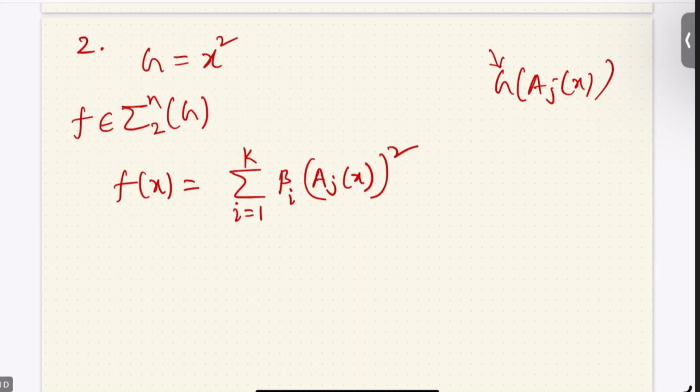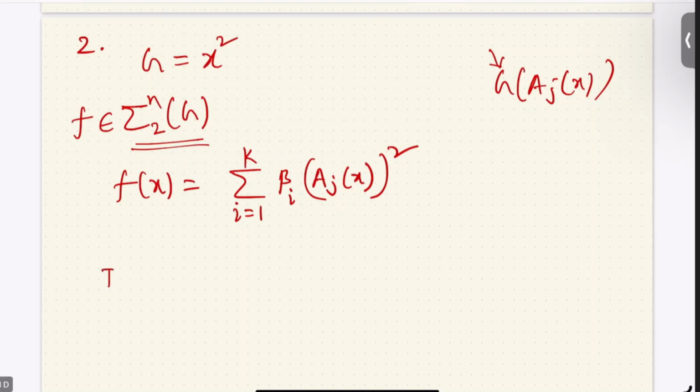G is x square, so you substitute aj of x in the g, so it is aj of x square. Again everything is the same, except that I modified g with x square, so that it is aj of x. This class is this one.